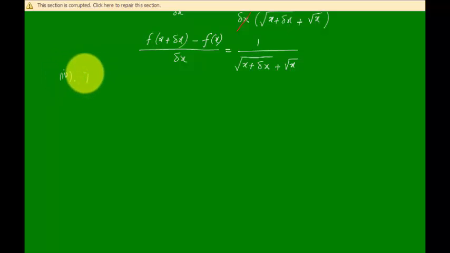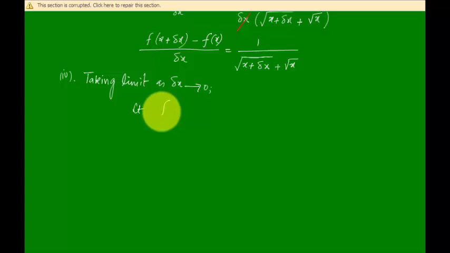In the last step now, we will apply the limit as delta x approaches 0. What we will get? Limit of f of x plus delta x minus f of x divided by delta x as delta x tends to 0.